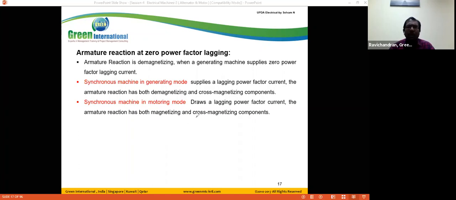So lagging power factor. Generally the armature reaction's major role is the demagnetic effect. The synchronous machine in generating mode supplies a lagging power factor current. So it's a generator, so it supplies the current, and this current makes the armature reaction.